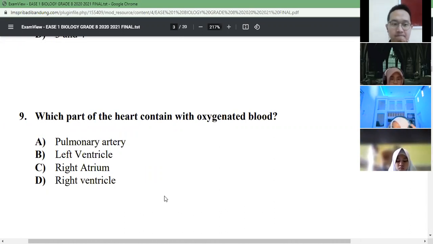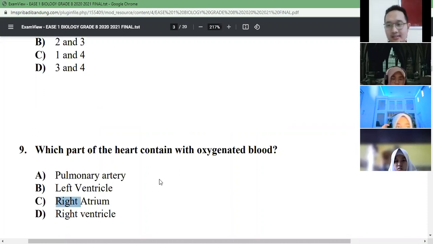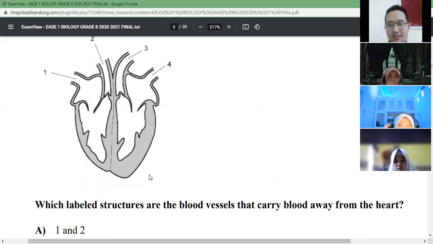Right atrium. Yes. Sorry, Farah. Right atrium, oxygenated blood. Are you sure? Come on. The right side is the blue side.